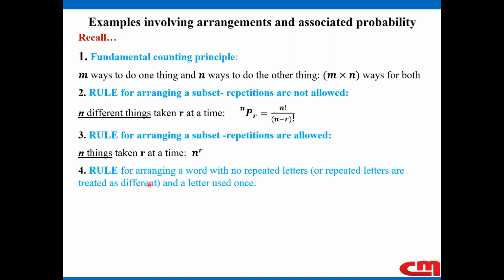The word different would mean the letters that are repeating, you don't see them as repeating, you see them as different. So the rule states that n different things in any ways is the same as n factorial when you are arranging them. So here we are saying n, that is the quantity.